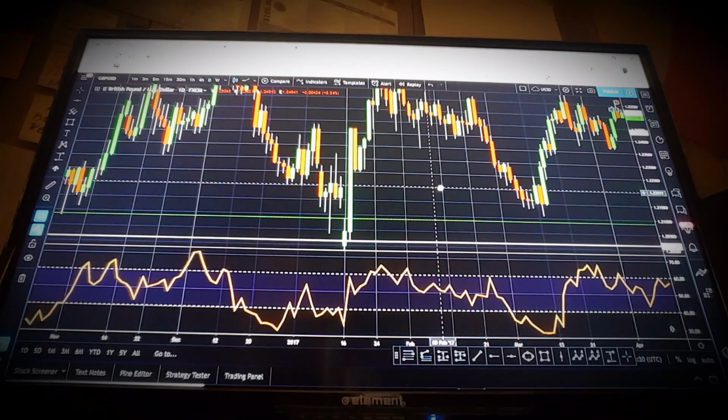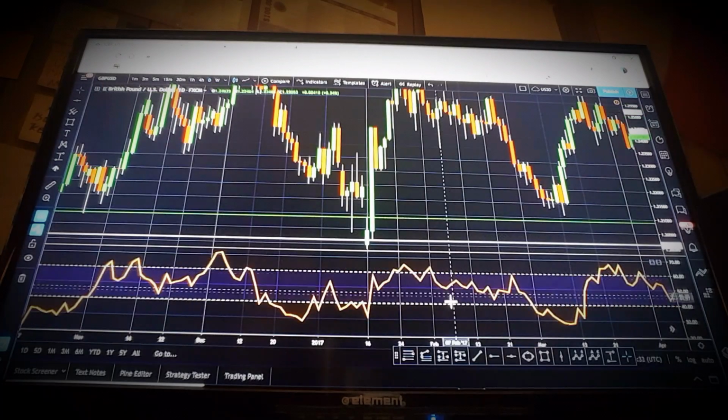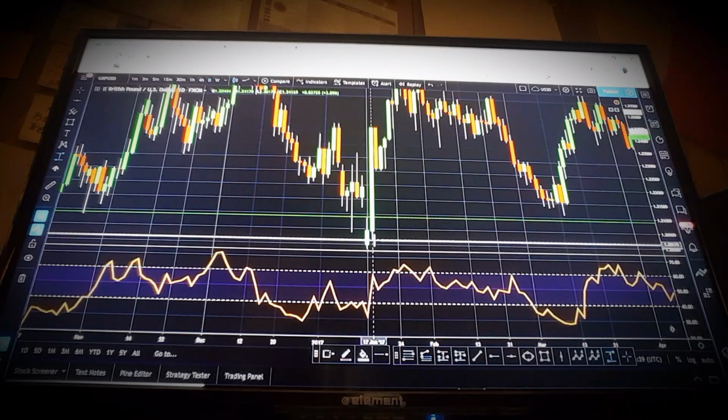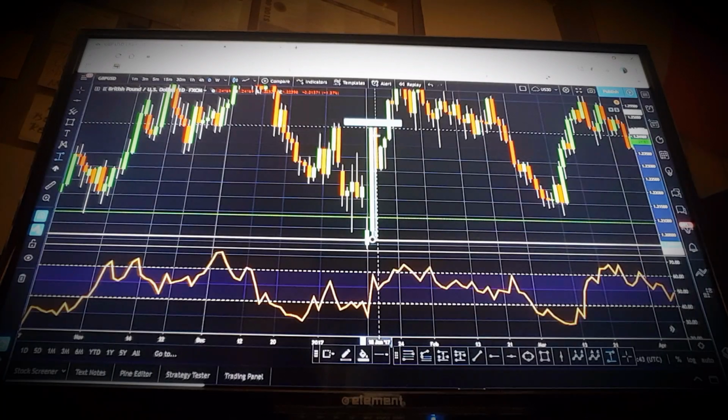But this is a daily chart. Let's see how many pips. Oh my God. Wow. It's right at that 400 mark.